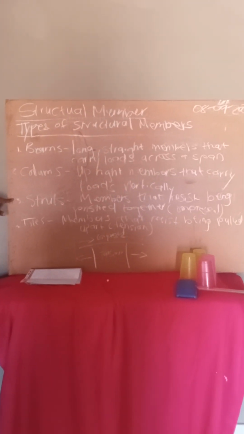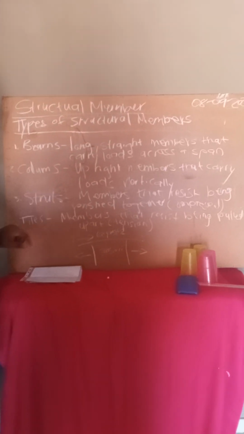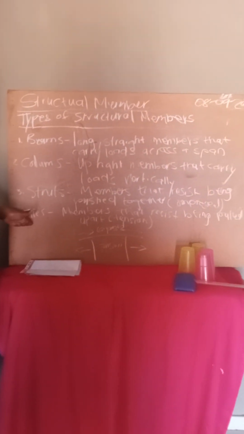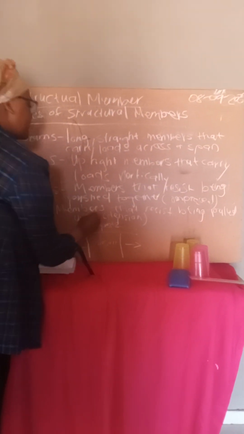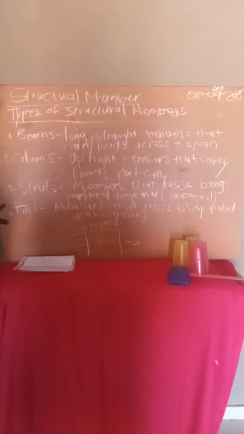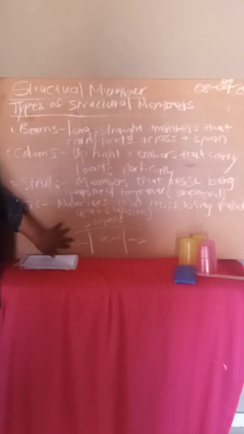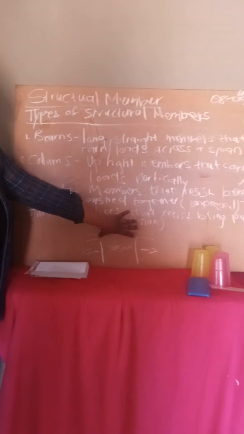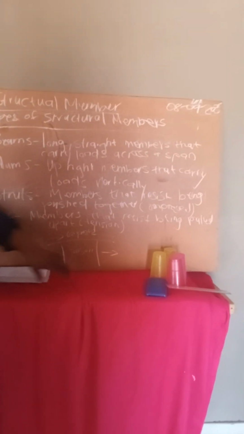Struts are members that resist being pushed together, which is compression. And ties are members that resist being pulled apart, which is tension. I have done a little bit of a diagram here. If you can see, compression is two things coming together, and tension is pulling apart.